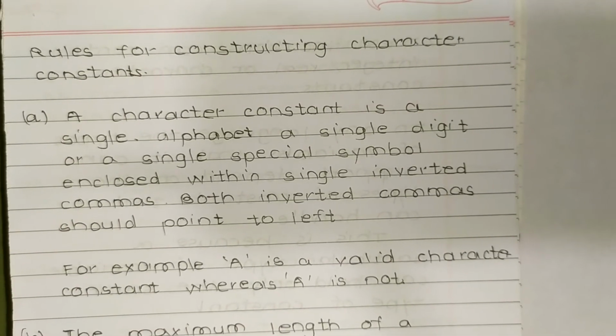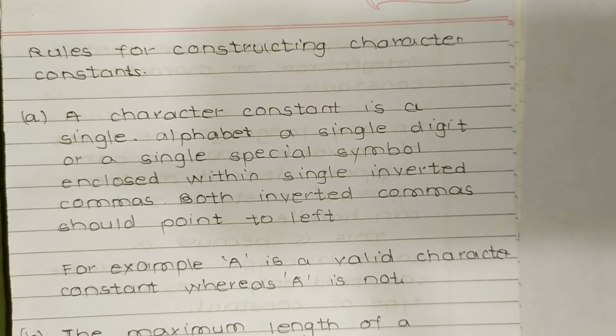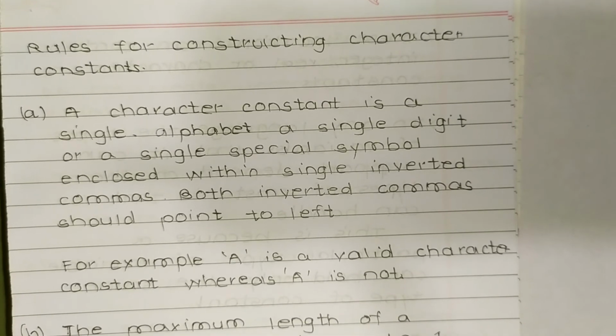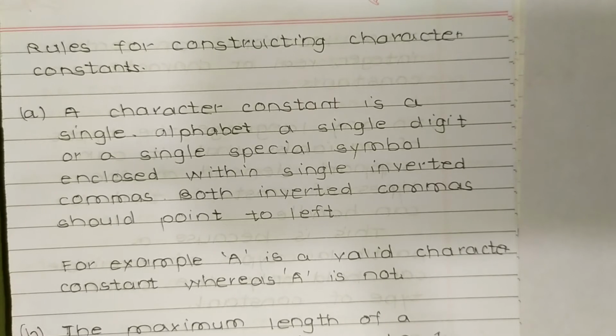Rules for constructing character constants. There are some rules for constructing character constants. First is rule A: a character constant is a single alphabet or a single digit, enclosed within single inverted commas.